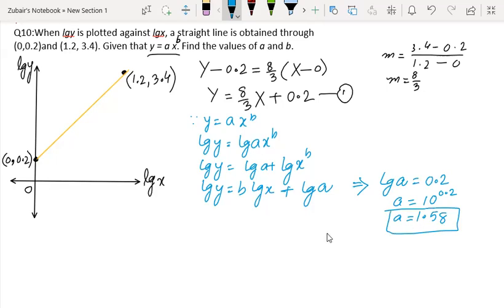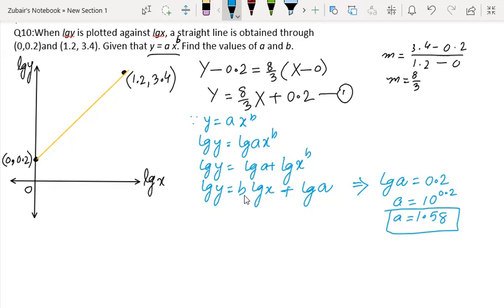Now, what do we need to find? We have to find the value of b. So now, what is lg y? We have this one. Basically the value of b is shown here by the gradient.